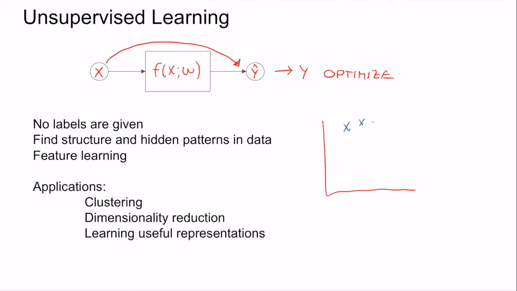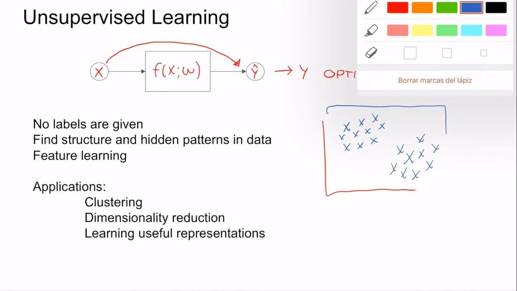So we can have one data cloud here, and another here. So this is the entire data set, and it could have this structure. And then in unsupervised learning, we want to learn this structure. So one way to do so would be maybe to model these two clusters by using a normal distribution.